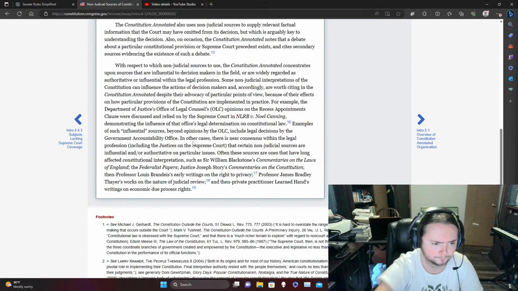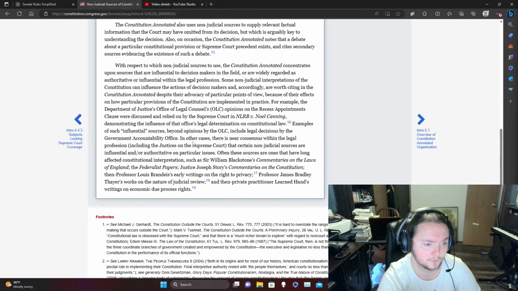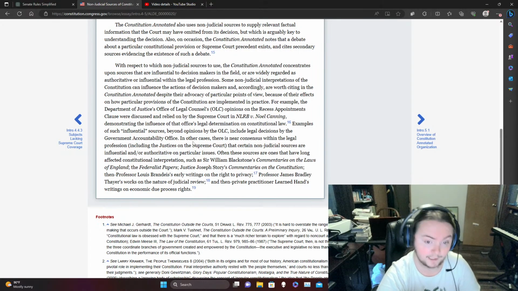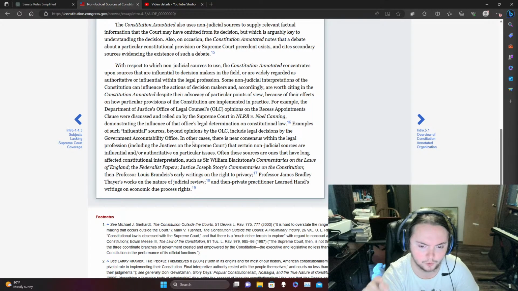For example, the Department of Justice's Office of Legal Counsel, OLC, opinions on the Recess Appointments Clause were discussed and relied on by the Supreme Court in NLRB v. Noel Canning, demonstrating the influence of that legal office's determination on constitutional law.